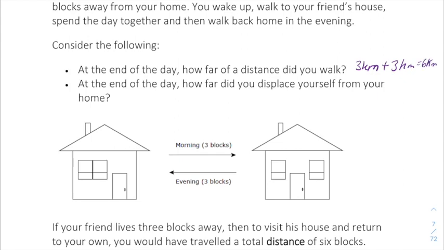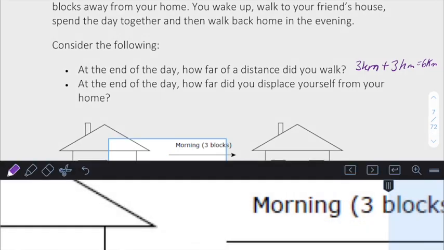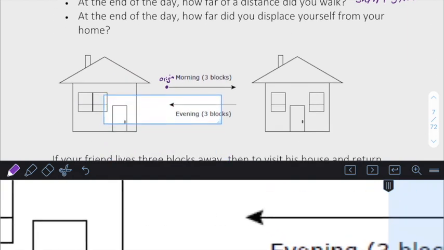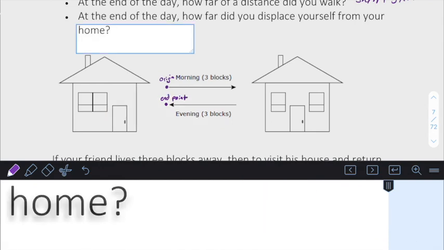But if you consider displacement, you start here, right? We said that this is the origin, and this point here, your house, is the end point. So the difference between the end point and the origin is 0.